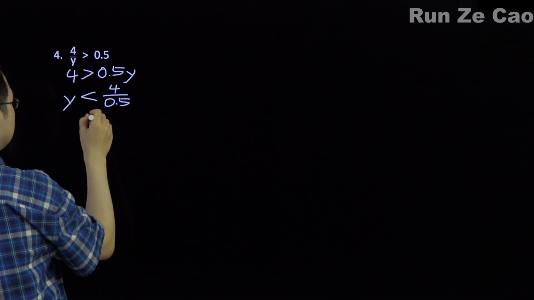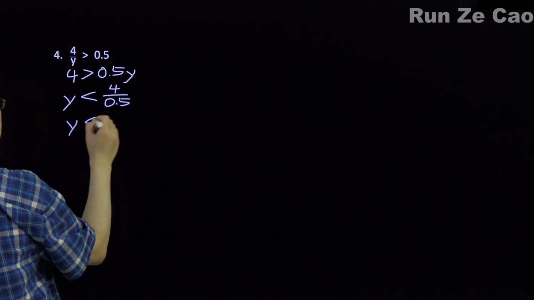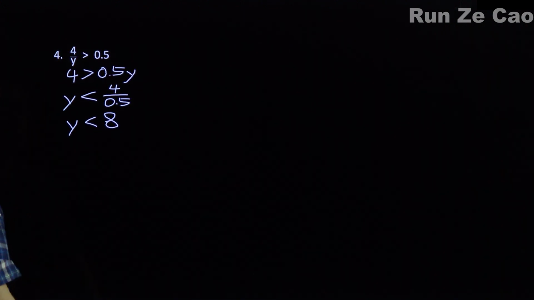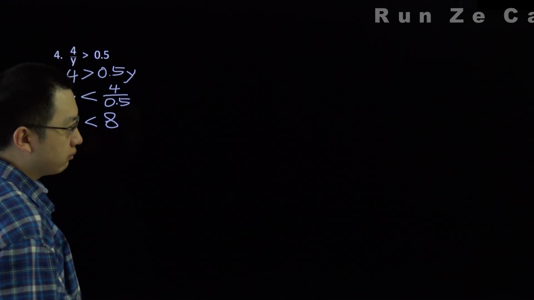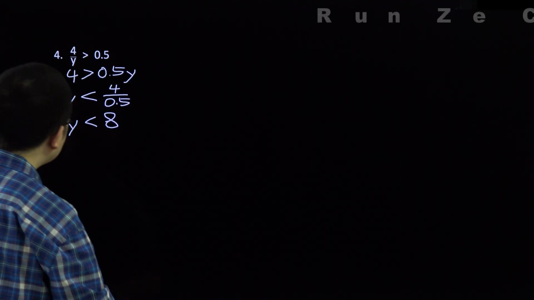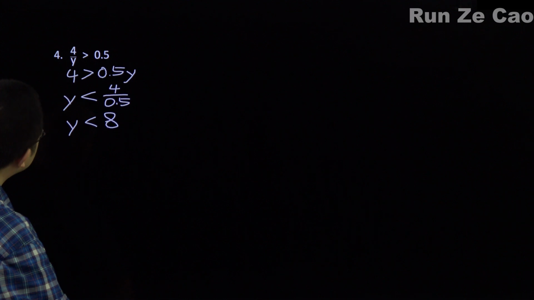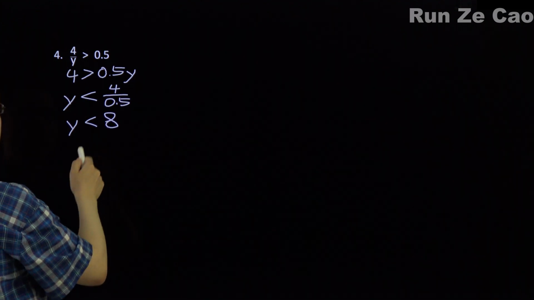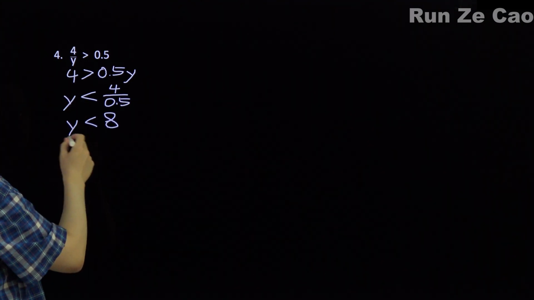Y is less than 8. Does this work? Well, we have a bit of an issue here, guys. 4 over y is greater than 0.5 works between 0 and 8.